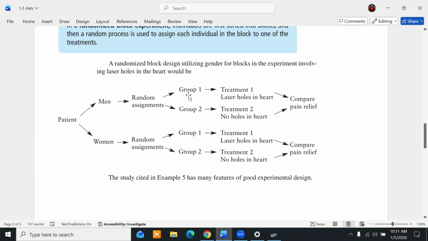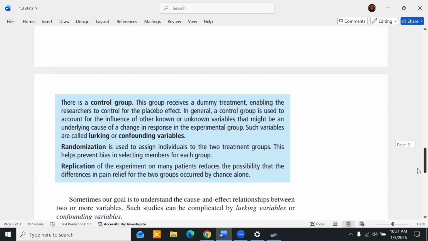You have random assignments. Some of them are in group one, where they actually receive laser holes in their heart for this particular treatment cited here. And in group two, there are no holes in the heart, and then they compare pain relief. The same thing is done for women if you take the second branch down here. So this study cited in example 5 has many good features of an experimental design. I'll let you look over that yourself.